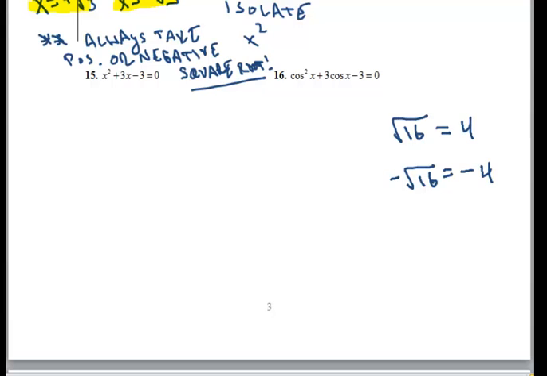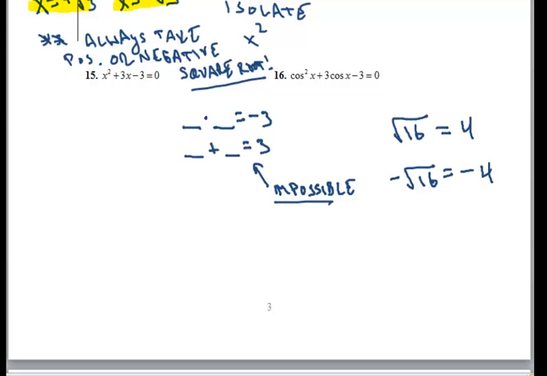Now this is already set equal to 0, and it's x squared plus bx plus c. So what I could do is say, what numbers will multiply to negative 3 and also add to 3? And the answer is nothing.